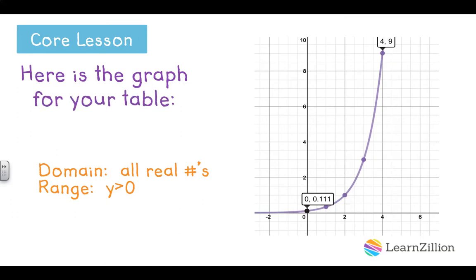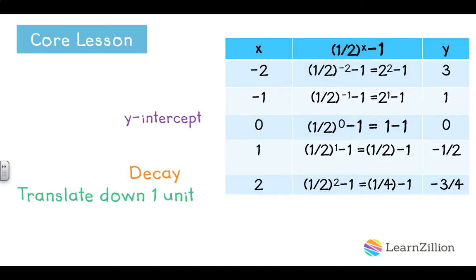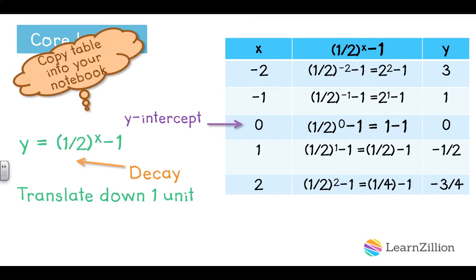So let's take a look here. Here is an exponential decay. Again, put this in your notebook. It's exponential decay because we see that the b is between 0 and 1. This minus 1 on the very end tells us it's been shifted down 1.